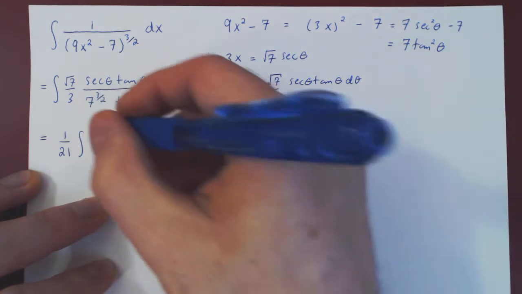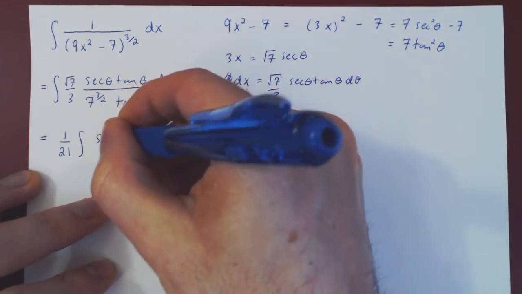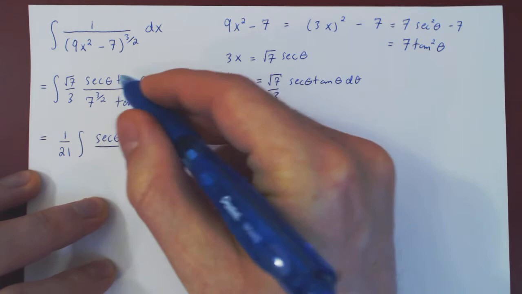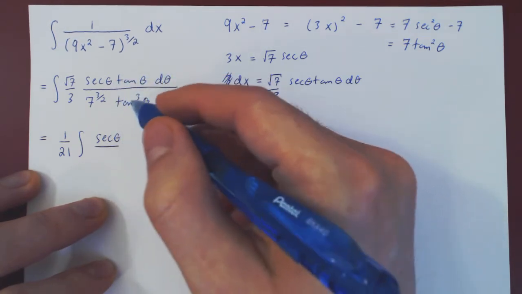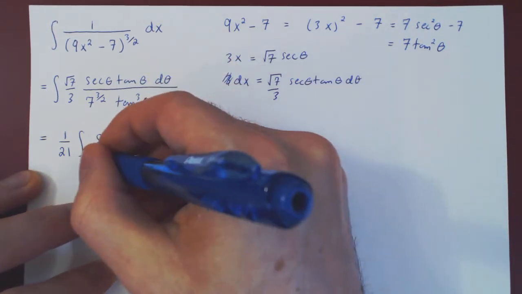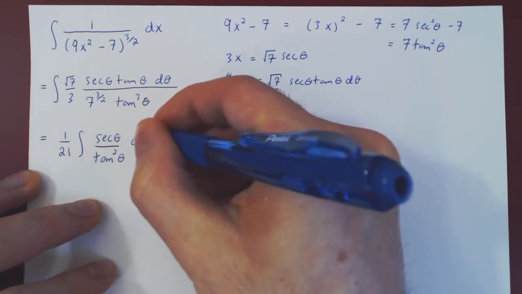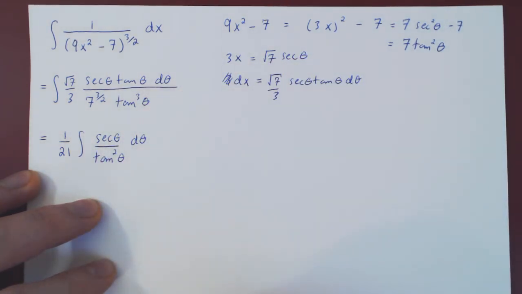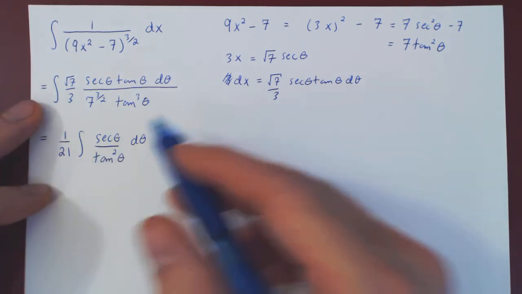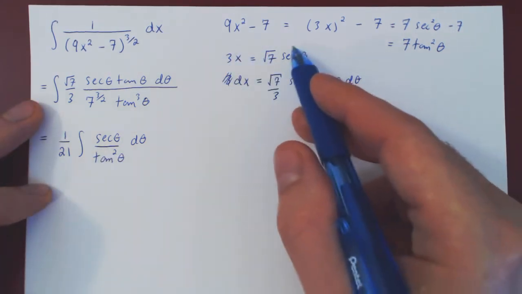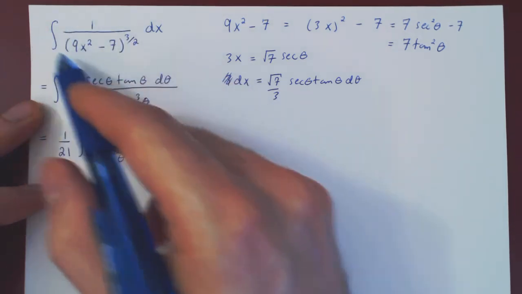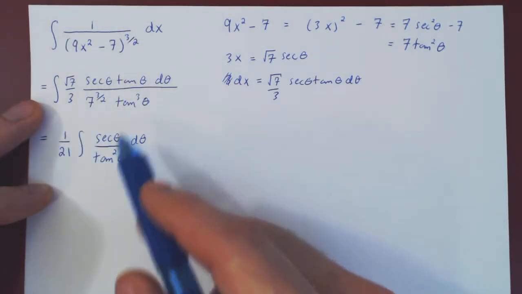We have secant on top over tangent cubed is of course 1 over tangent squared. And once again, with the proper trigonometric substitution, we have converted the original integral into a trigonometric integral.